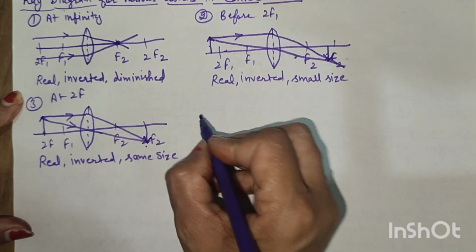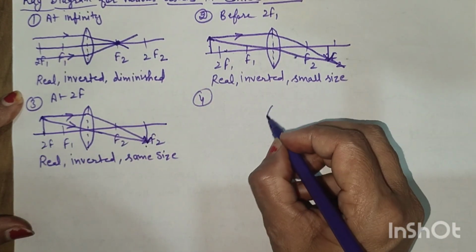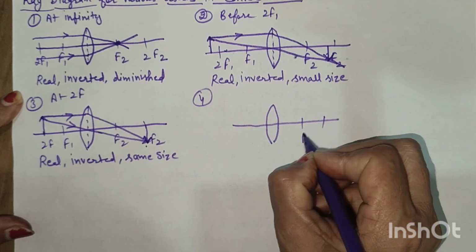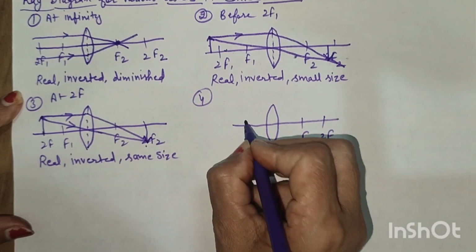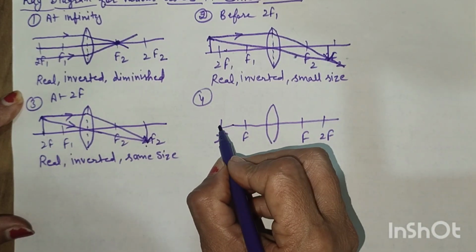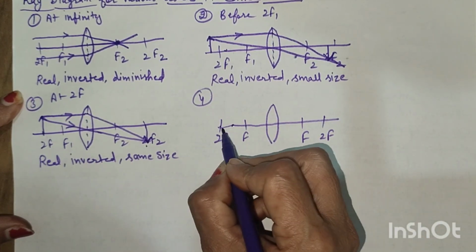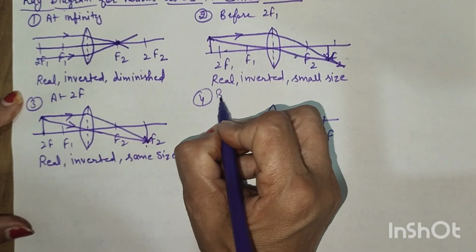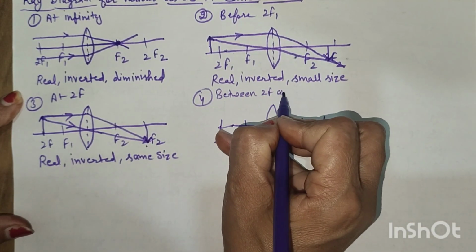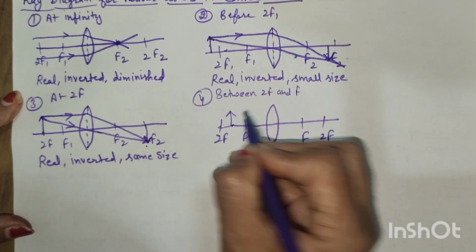Now next is after the 2F, before F, or in between 2F and F. Now put the object here.